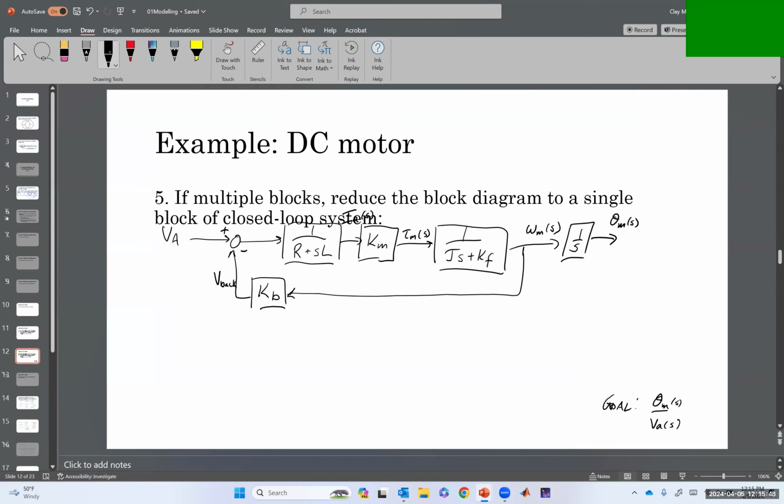So let's go through with an eraser and, okay, we have Km on top and R plus SL times JS plus KF. One box.